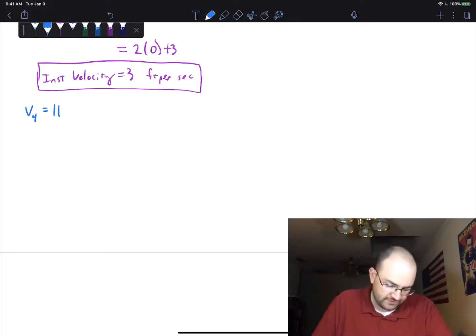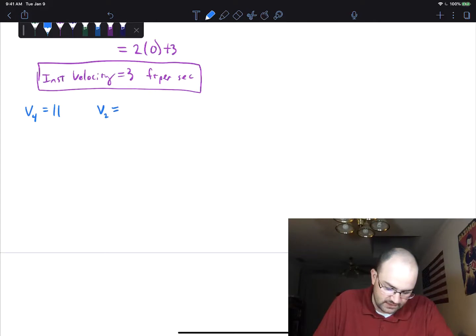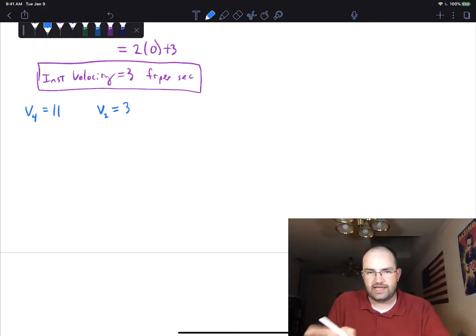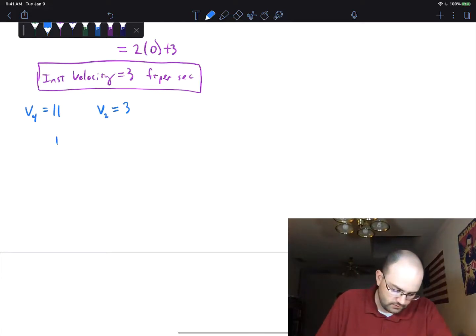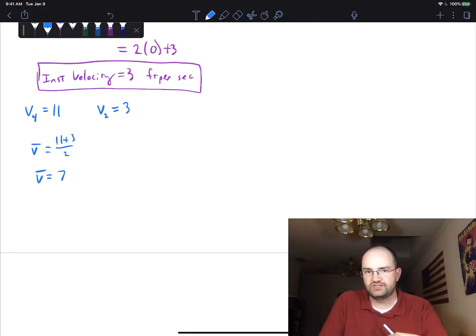And for this one, we just figured out that v sub 2, the velocity at 2 seconds, is 3. Notice that if you take the average of those two, 11 plus 3 over 2 is going to be 14 over 2, which is 7, which is exactly what we figured out our average rate of change to be in the previous question. That's not a coincidence.